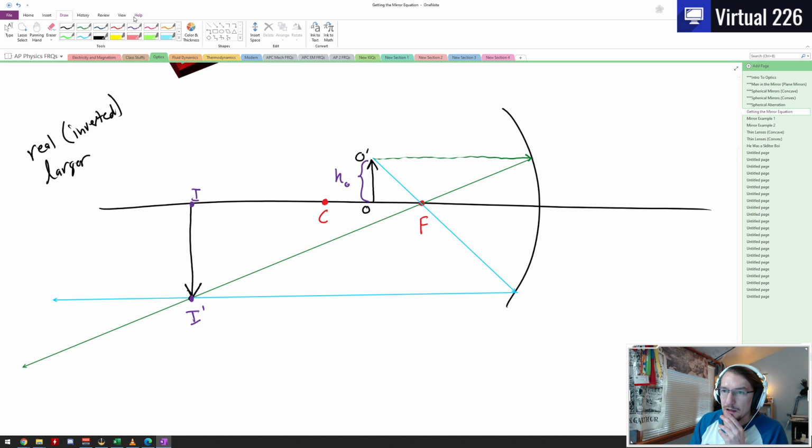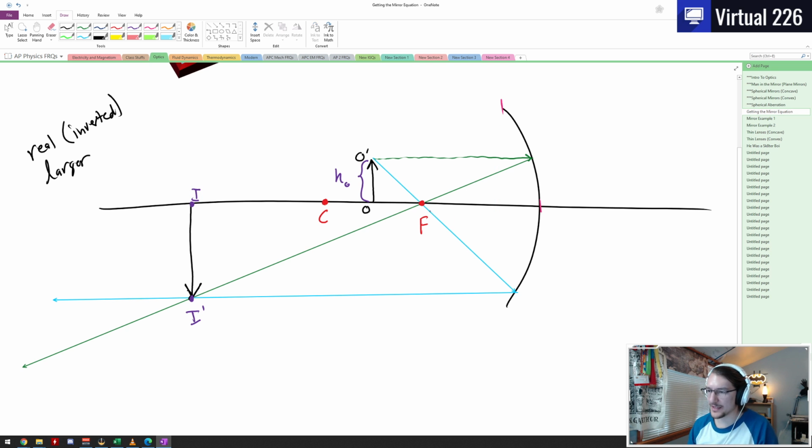Now, there are a few other things that we're going to label here. If we think about this concave spherical mirror as a very shallow curvature, the tip here and the base are actually in the same plane. So right now it looks like they're in different locations, but they're not. This is a very shallow curvature.